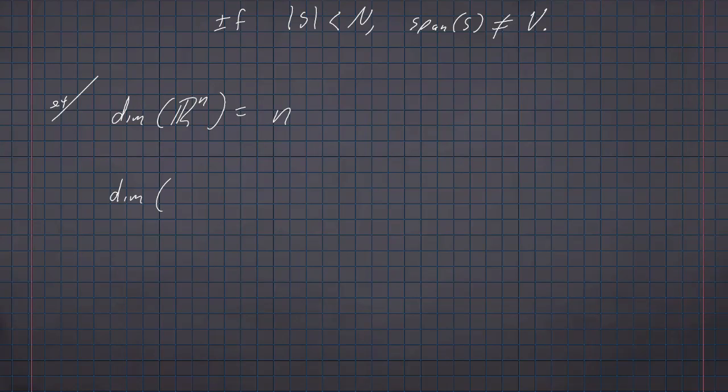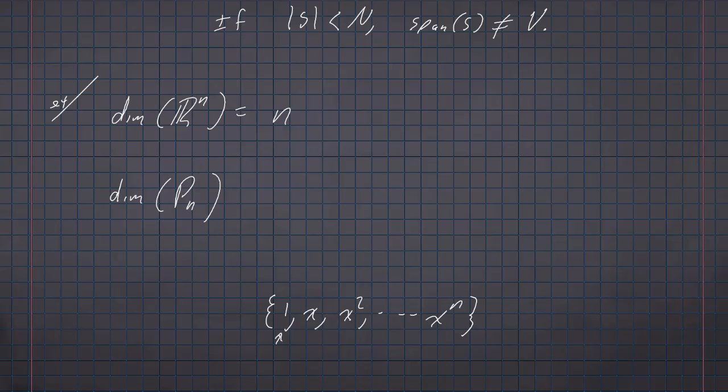Likewise, consider the dimension of the polynomials of degree n. If you go back and count, the standard basis for polynomials of degree n was 1, x, x squared, all the way through to x to the n.